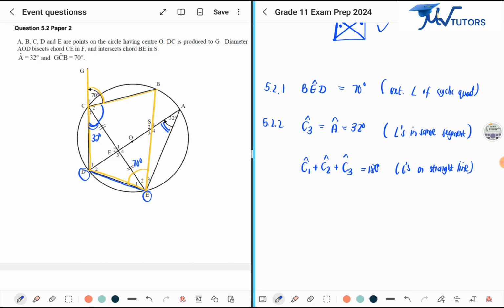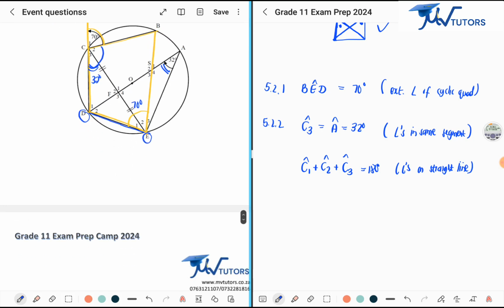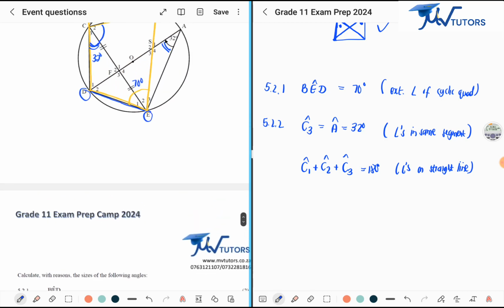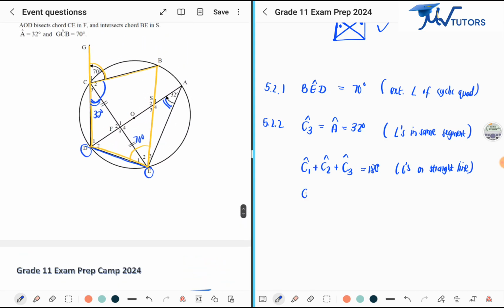All right, now we're going to write everything in terms of C2 because that is what we are looking for. So we're going to say C2 is equal to 180 minus C1 minus C3. Do not forget the caps on top of the C's. And we know what C1 is. It's 70 degrees.